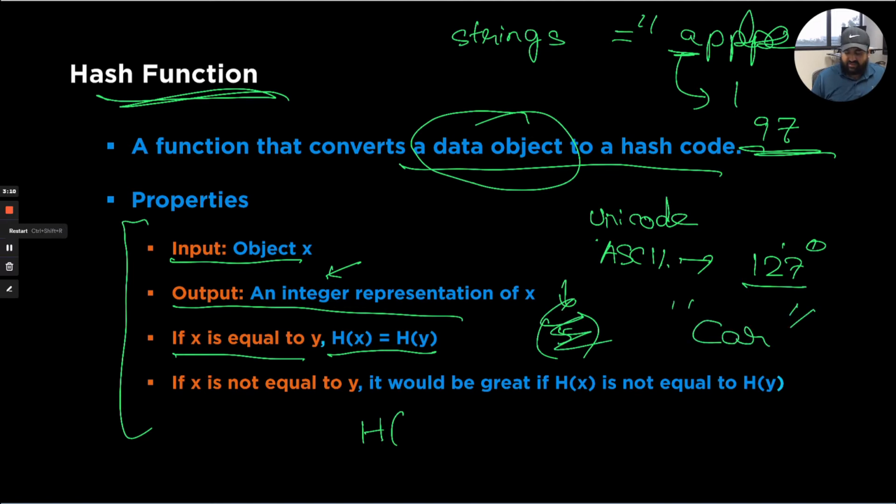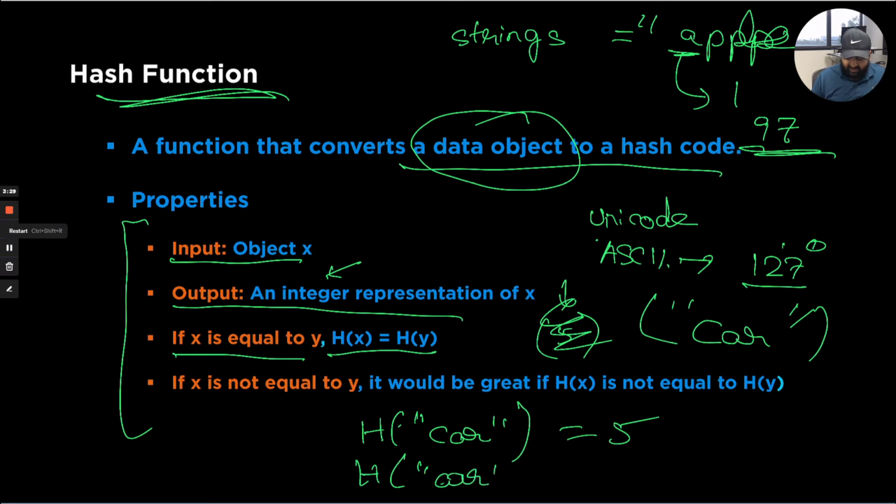If we are storing this car into the hash table, and passing this car into the hash function yields 5, an arbitrary number in the first instance, and next time we pass in car and it returns a 6, that is not a valid hash function, because when X is equal to Y, here both cars are 2 different objects, but essentially they are the same object.